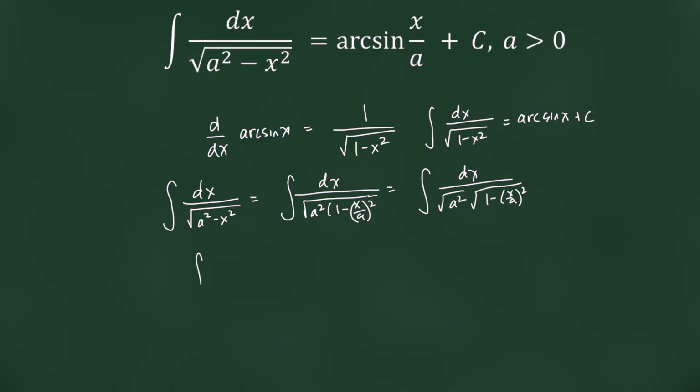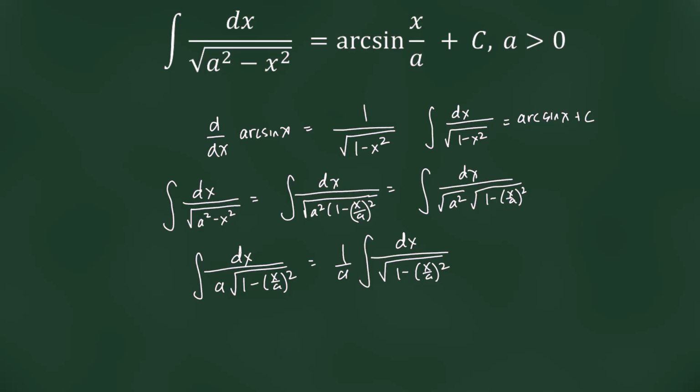So we have now dx over a times the square root of 1 minus x over a squared. Now we get 1 over a times dx over the square root of 1 minus x over a squared. So after all that algebra, we're ready to do our substitution of u equals x over a, so that du is dx over a, or a times du is equal to dx.